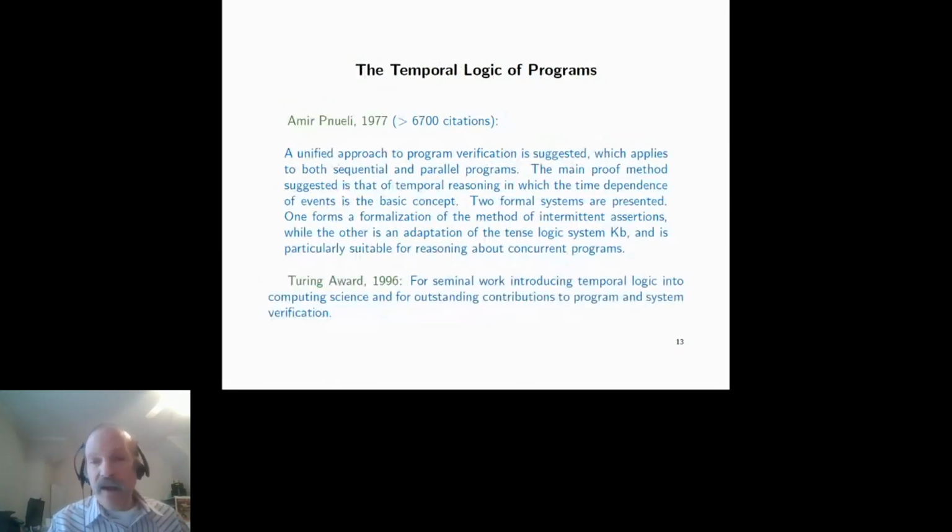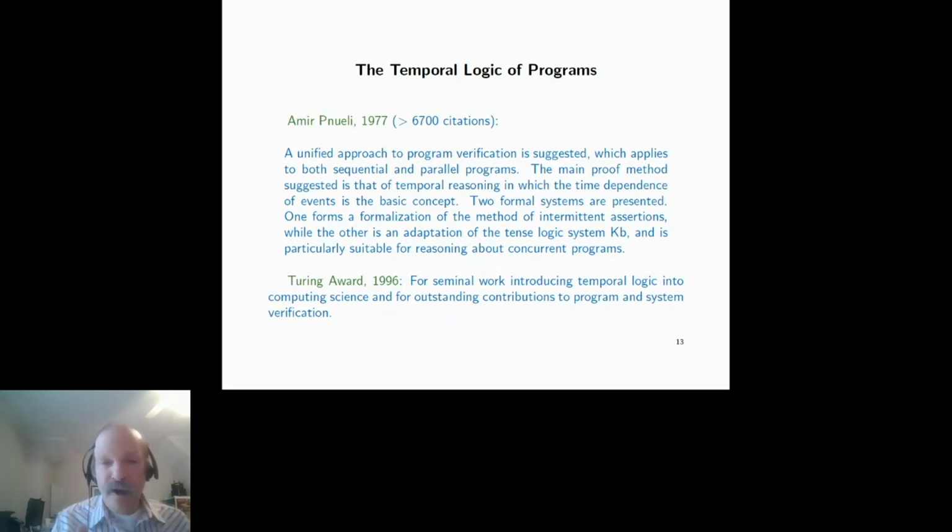Now, interestingly, remember that De Millo, Lipton, and Perlis is '79, and Fetzer is '88. There is another development that is being ignored here completely, and this is Pnueli's approach to the temporal logic of programs, in which he offered a unified approach to program verification, which applies both to sequential and parallel programs.